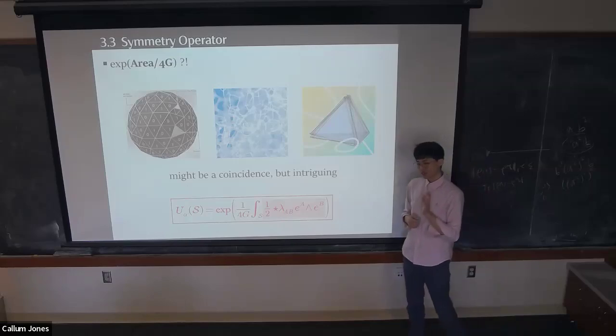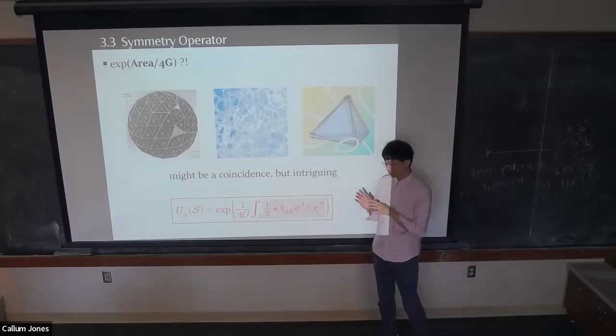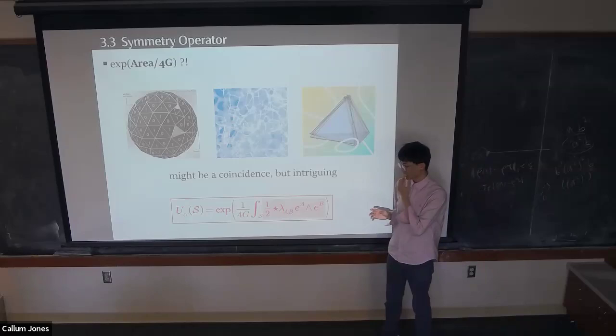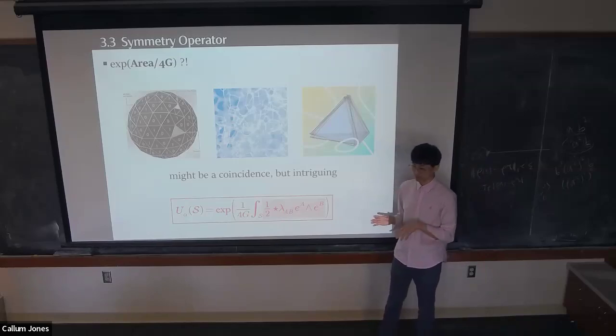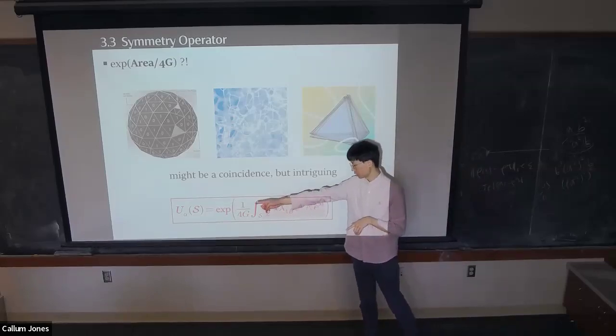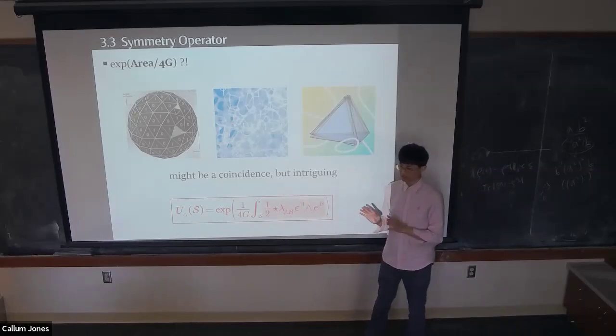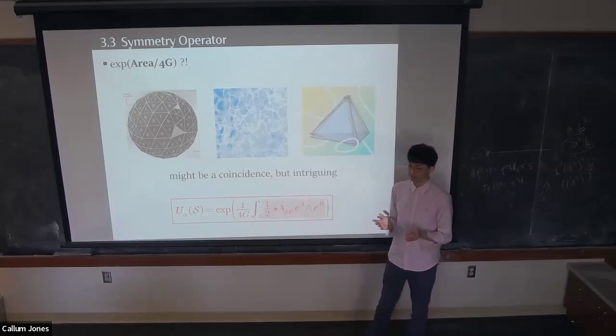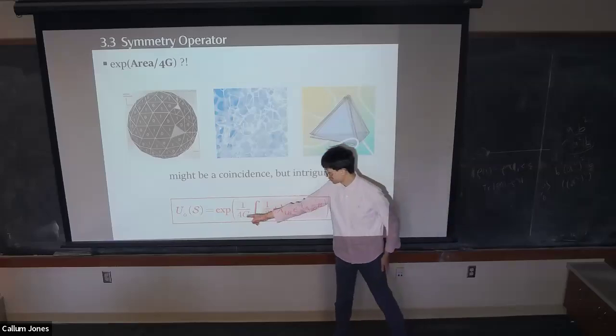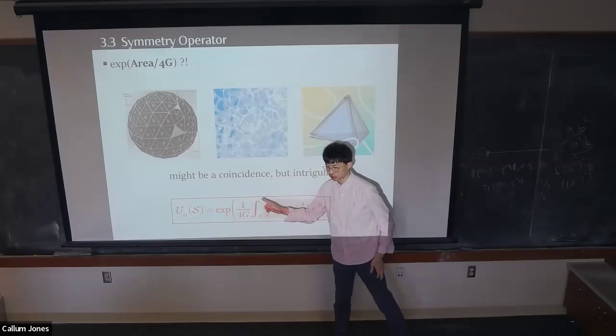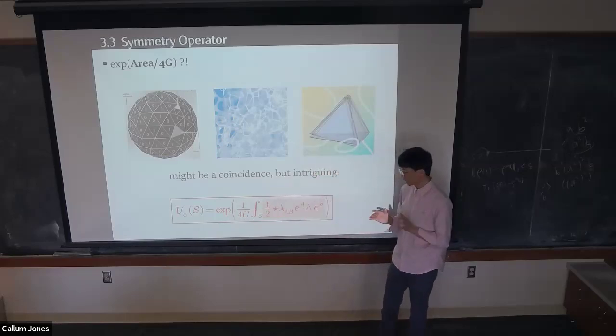Right. So we have to clarify this point. Actually, for Maxwell theory, we say that the symmetry operator is the exponential of some integral of star f, and we say that it is measuring the flux of star f, like the electric flux, the Gauss law. But it turns out that due to the coupling here, the correct interpretation is the opposite, actually.